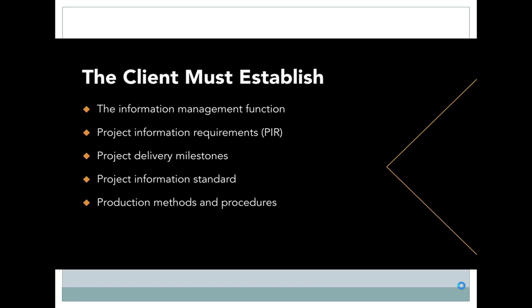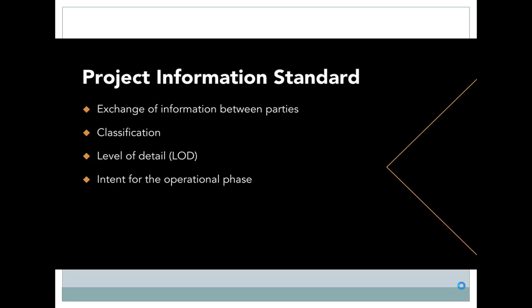Establish the project information standard, production methods, and procedures. Information standards come from the exchange of information between parties, classification and level of information, and the intent of use for the operational phase.